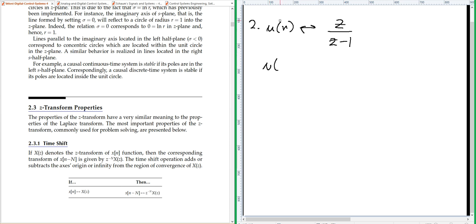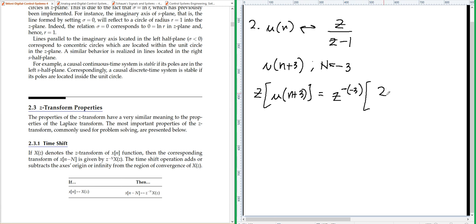for example, it has been shifted with n plus 3. So here your capital N is negative 3. If you get the Z transform of your mu(n plus 3), this is just similar to multiplying Z to the negative of negative 3 to the Z transform Z over Z minus 1.